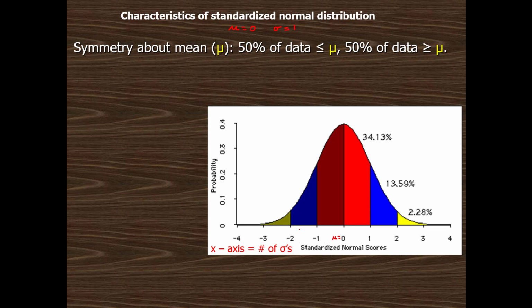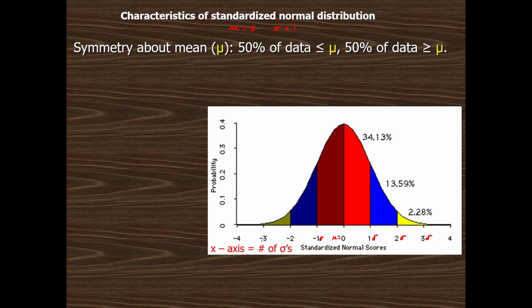When we set sigma equal 1, you can say here this is 1 sigma, 2 sigma, 3 sigma, etc. -1 sigma. So the x-axis is the number of standard deviations. So you're 1 standard deviation below, 2 standard deviations below, 3. And that is what makes standardization very useful.